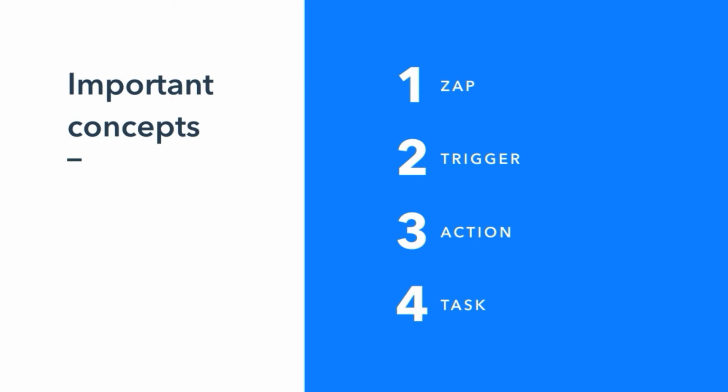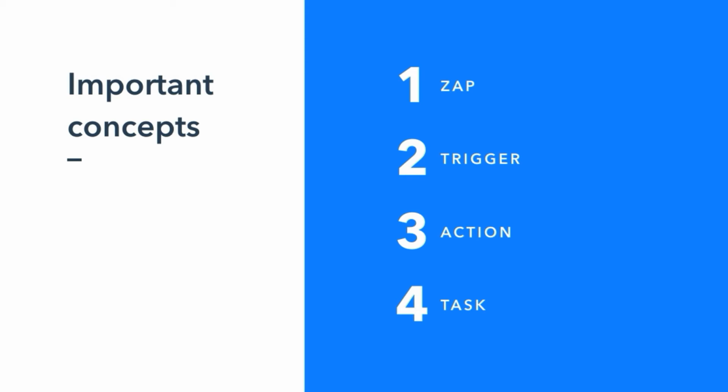There are a few important concepts we need to define since we use those terms a lot during today's webinar. The first term in our list is Zap. Zapier defines a Zap as an automated workflow between your apps. Zaps consist of at least a trigger and one or more actions. The trigger is the event in an app that starts the Zap.